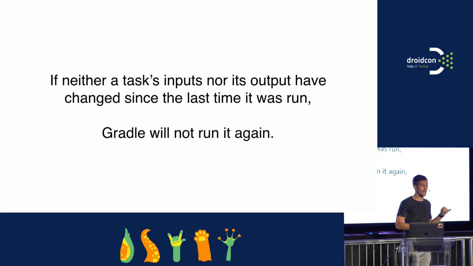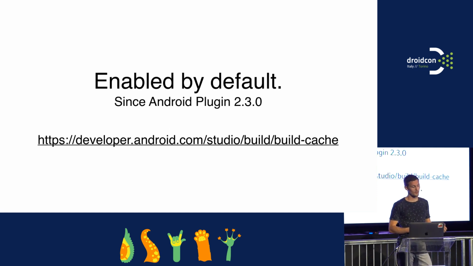And each Gradle task has an input and an output. And if neither of those change, Gradle will not run it again. The cool thing is this is already enabled by default since Android plugin 2.3. So if you start now an Android Studio project from scratch, you already get this benefit without doing something.